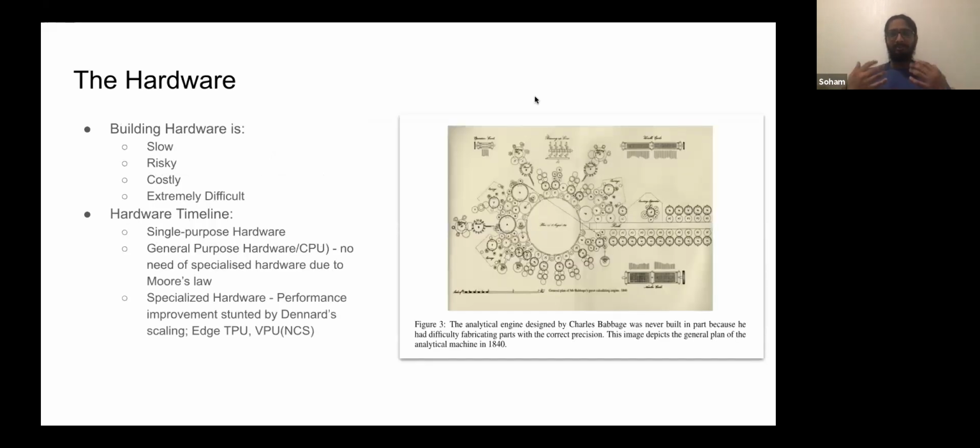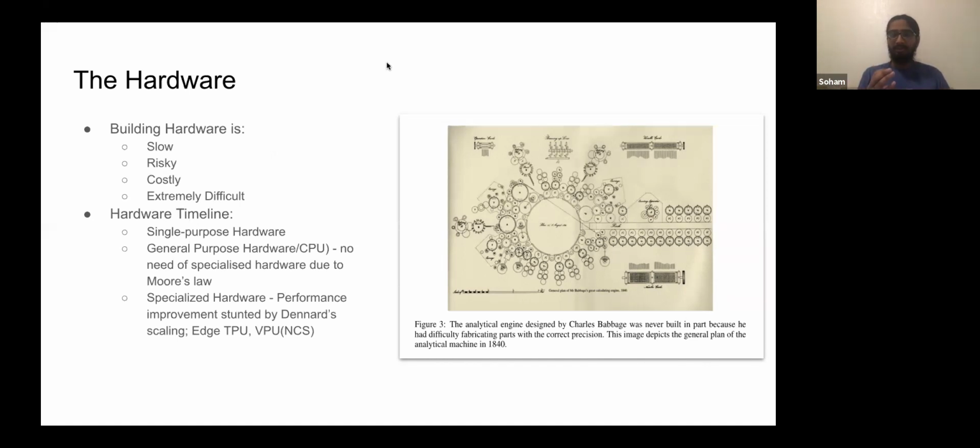As someone who has personally worked in building actual CPUs and chips, I know how hard and risky and difficult and how slow building hardware actually is. It took us, for instance, about 1.5 years to build this very simple, very small chip.